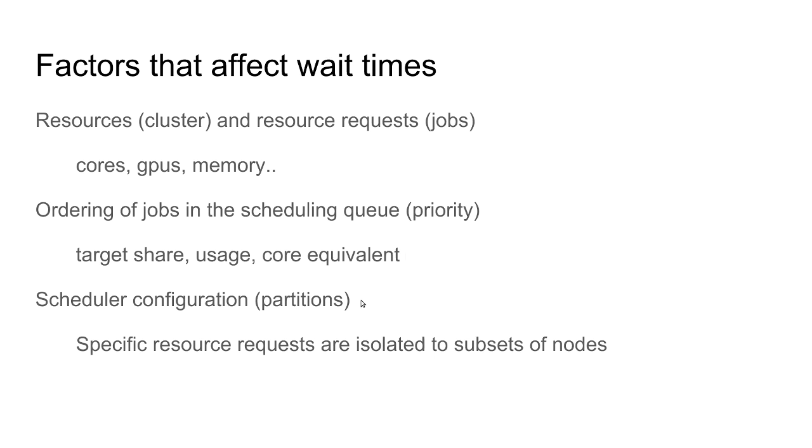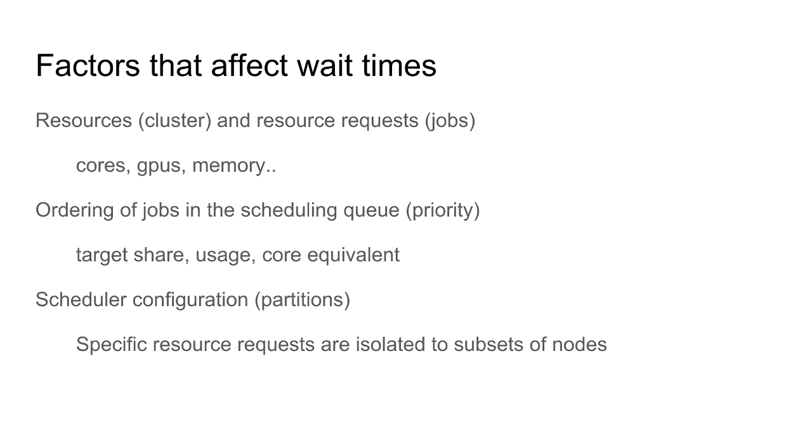And then finally, there's the scheduler configuration. So we have resources in the system that all of these jobs are trying to get access to. All of the jobs are submitted from accounts that have target shares and are being run based on fair access. But then there's the actual scheduler configuration.